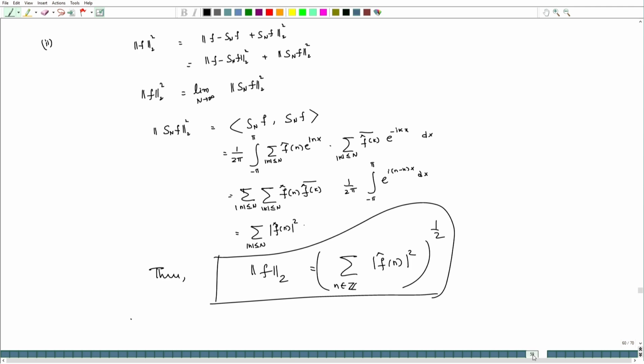If we go back to the first case, we have proved that if f is a continuous function, then f minus S_n f goes to 0 in the norm. Now, if f is not a continuous function, we know that there exists a sequence of continuous functions which converges to the Riemann integrable function f in the square norm.